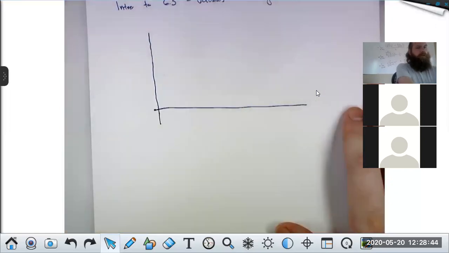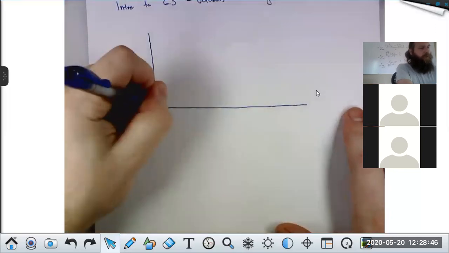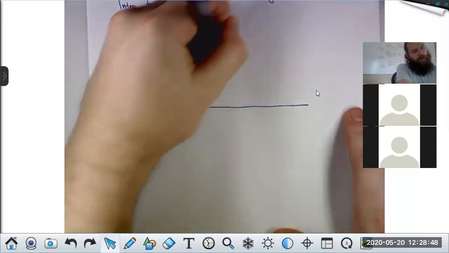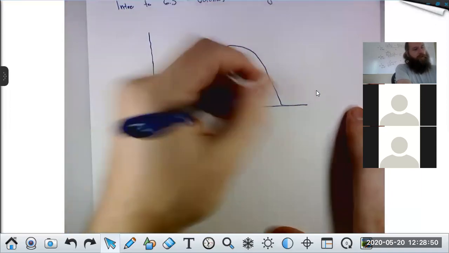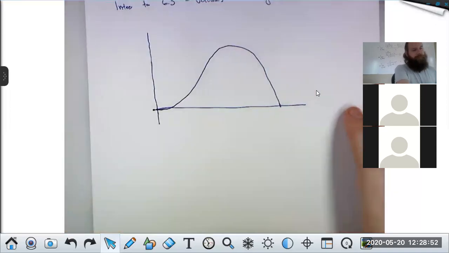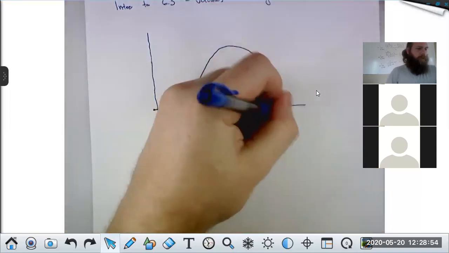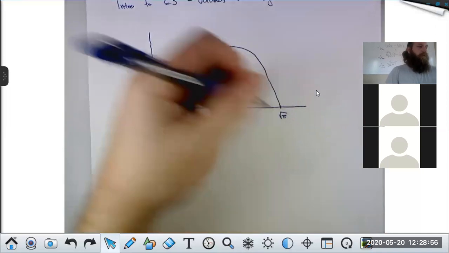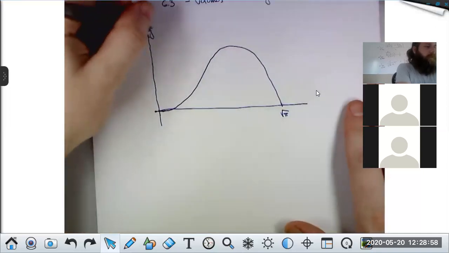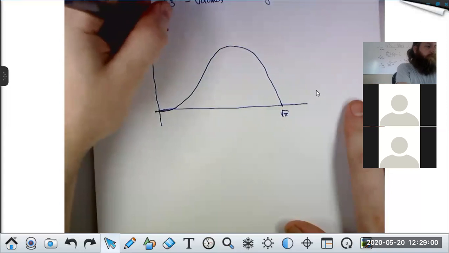I'm going to look at the sine of x squared, which looks like this. This turns out is the square root of pi. So here's the graph, y equals sine of x squared.